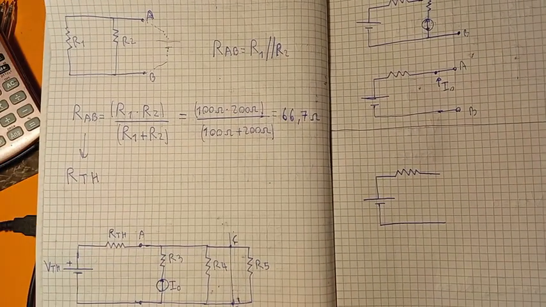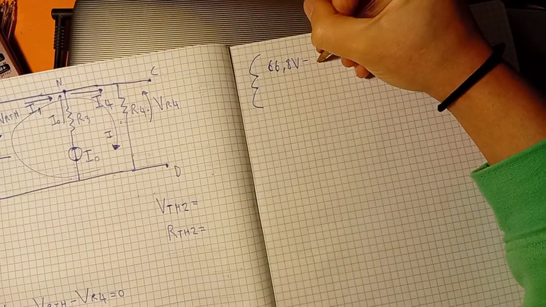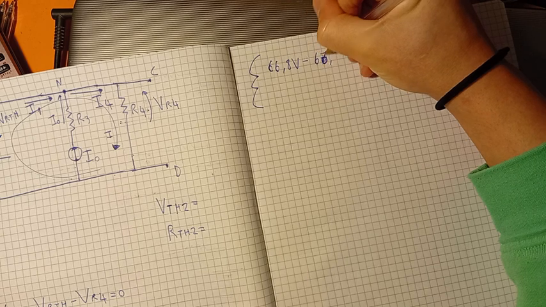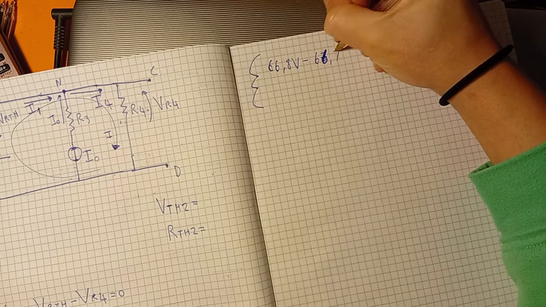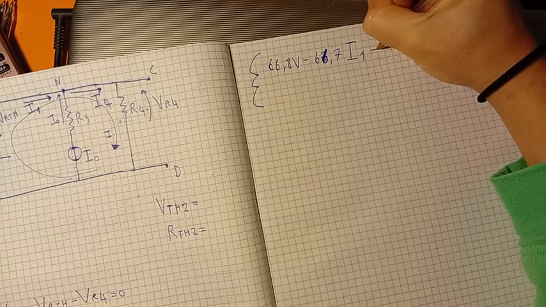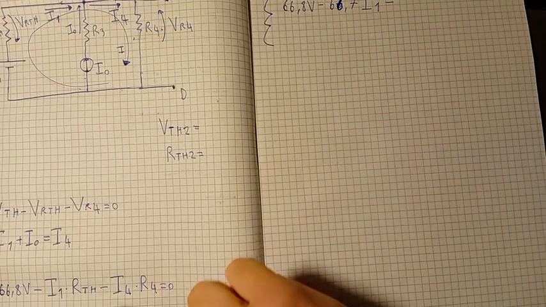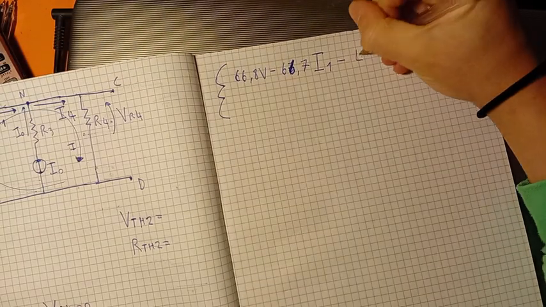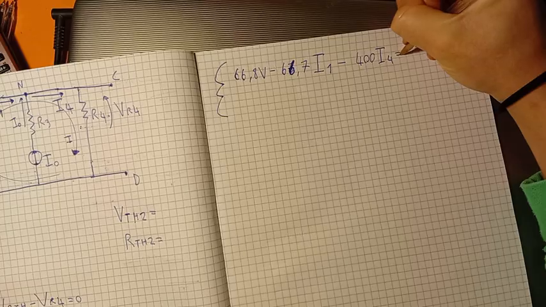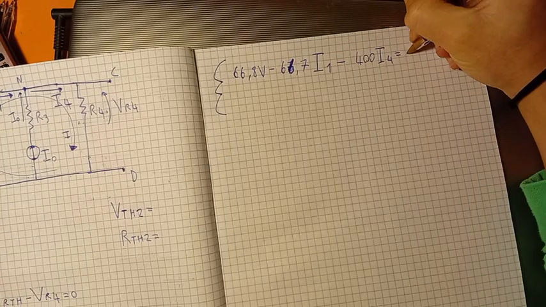RTH multiplied for I1 minus R4, which is 400, multiplied for I4, and we don't know how much is I4 for now.